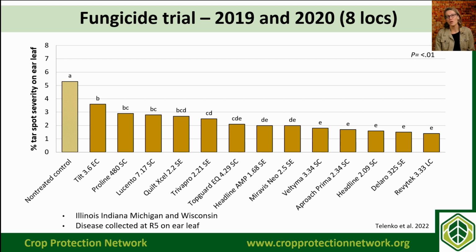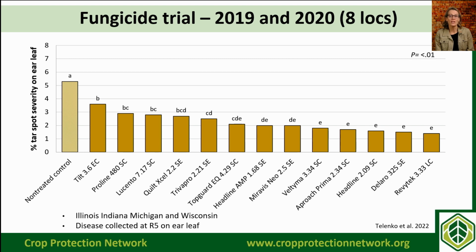Occasionally, you might see AUDPC, the area under the disease progress curve. The best way I can explain that is it's identical to cumulative aphid days for soybean aphid. It just gives us a measure of how that disease progressed over the season, and that's also a good comparison.